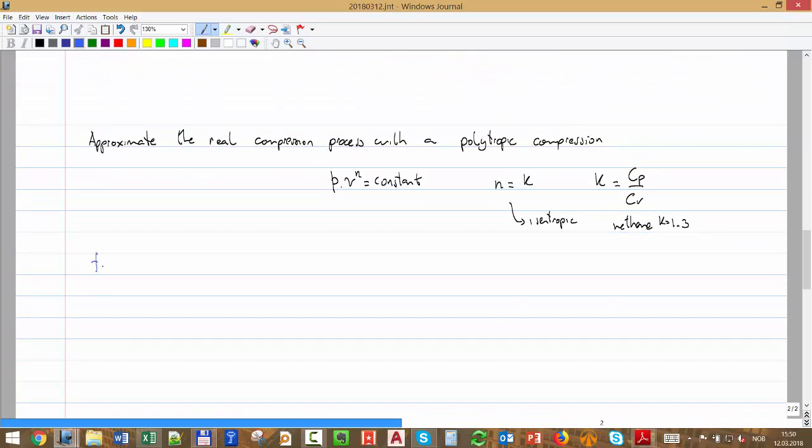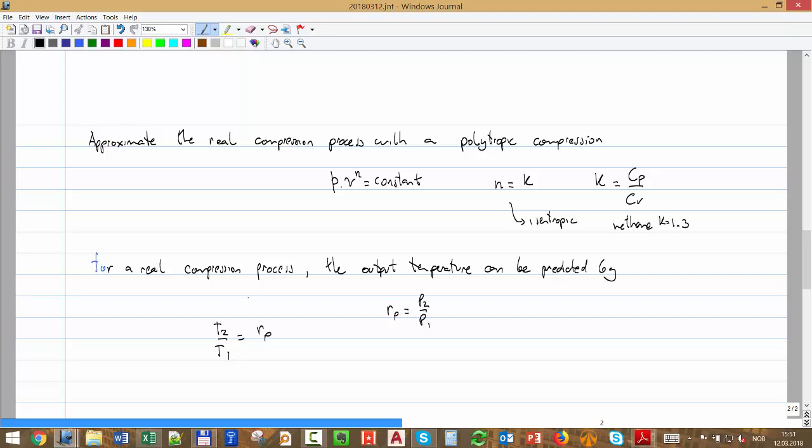So let's put here, for a real compression process, the output temperature, and the expression is T2 over T1 equals Rp to the power of (n minus 1) divided by n, where Rp is just the pressure P2 divided by the pressure P1.